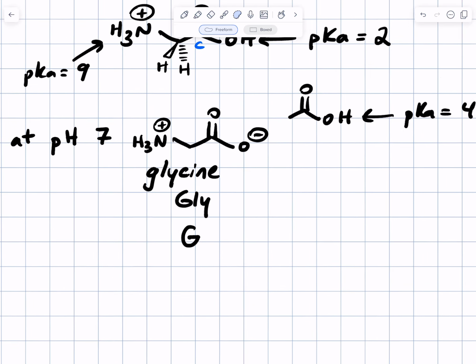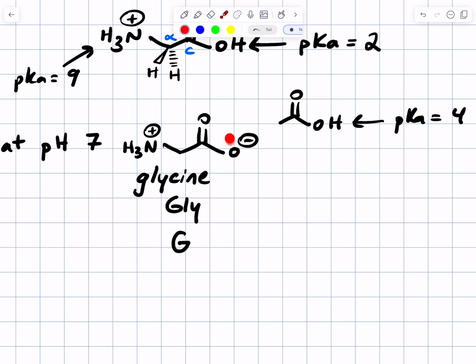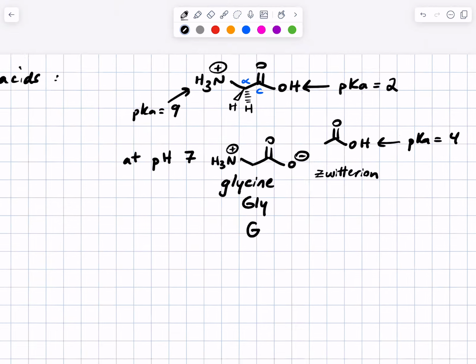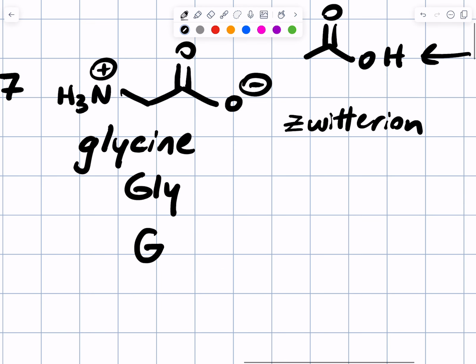One other word that you may have heard: a molecule that is neutral but still has charges in it, 1 plus and 1 minus. I don't anticipate ever asking you a question about this, but you might hear this word. It's zwitterion, or if you want to pronounce the W like you would in Germany, Zwitterion.